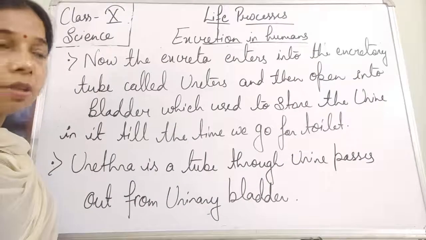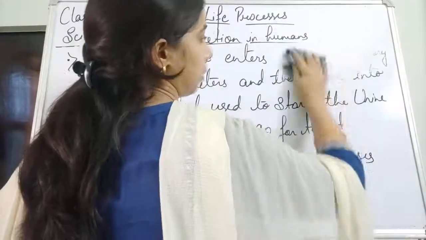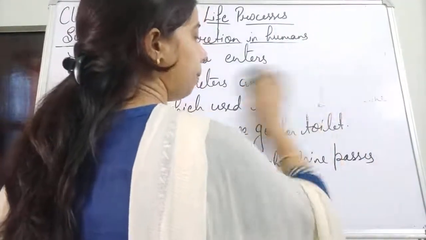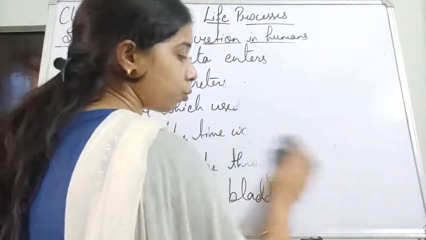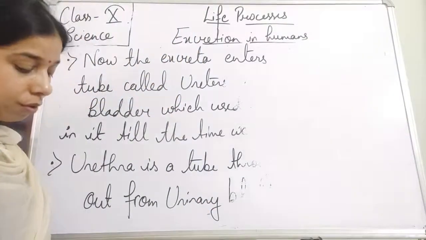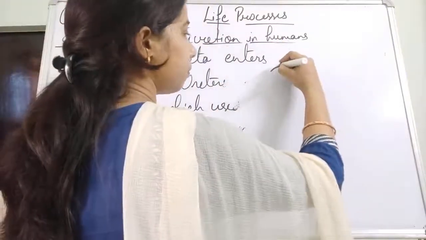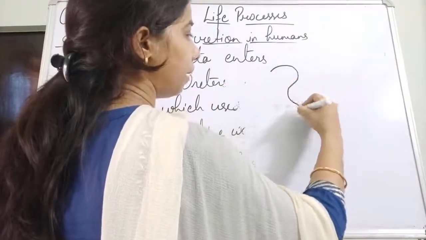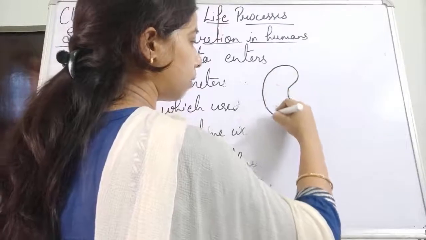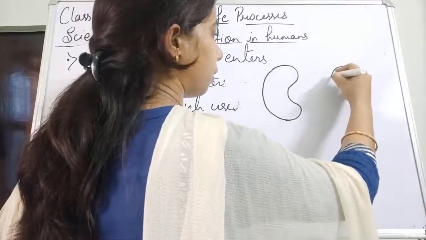This ureter is joined to a bag-like structure that we call the urinary bladder, students. And from the urinary bladder, urine passes out through the urethra.